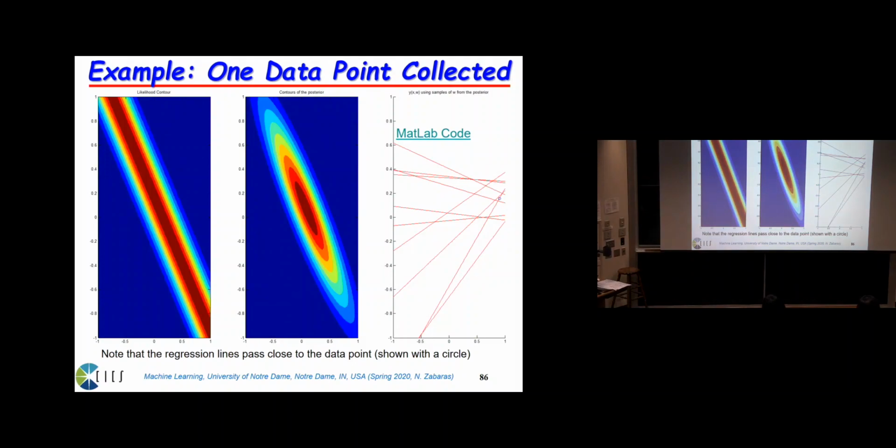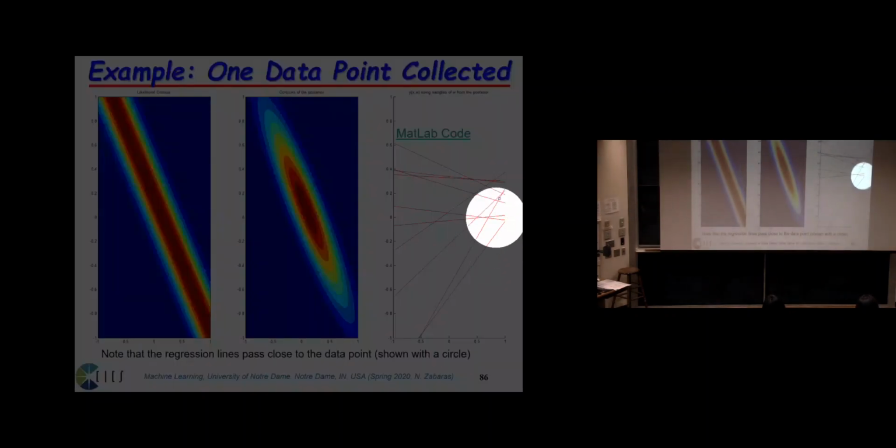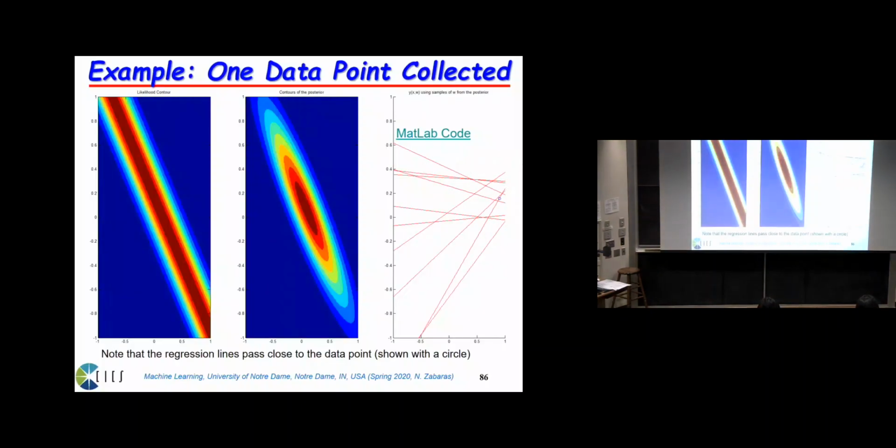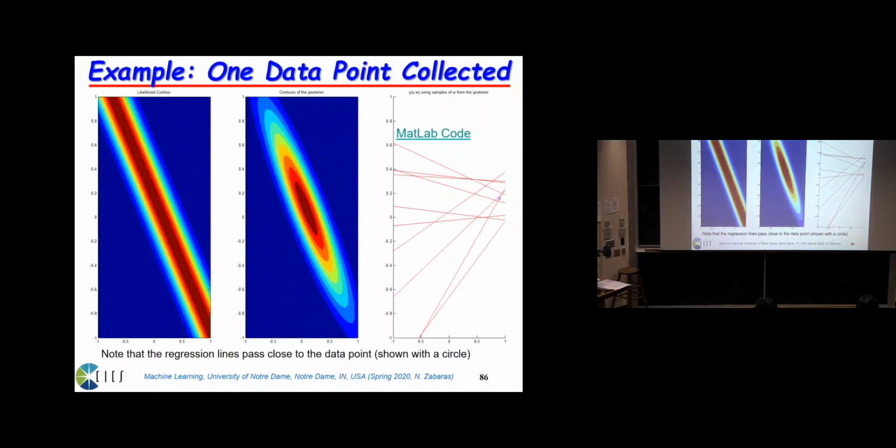They don't pass through that data point, but all of them somehow, out of nowhere, are moving in that direction. But they have multiple different slopes, because you can see, to fix a line, you really need two data points. You cannot take one data point and fix it, and obviously that makes sense.